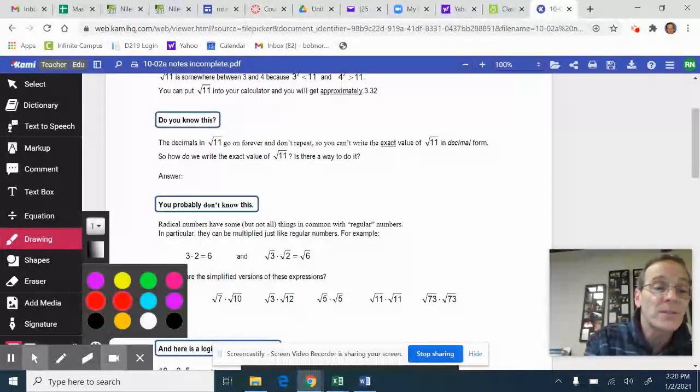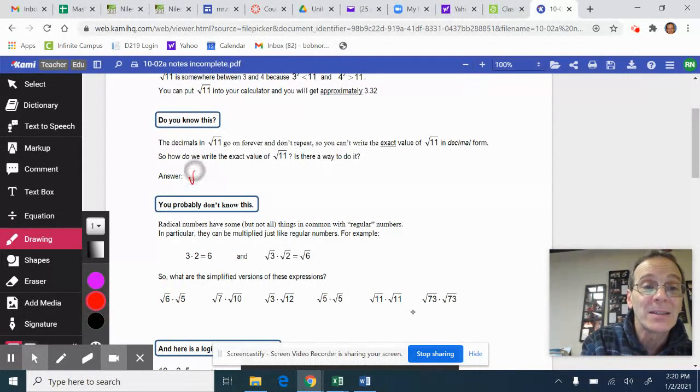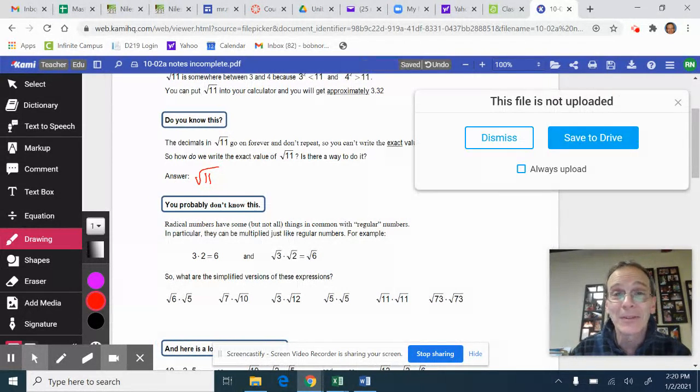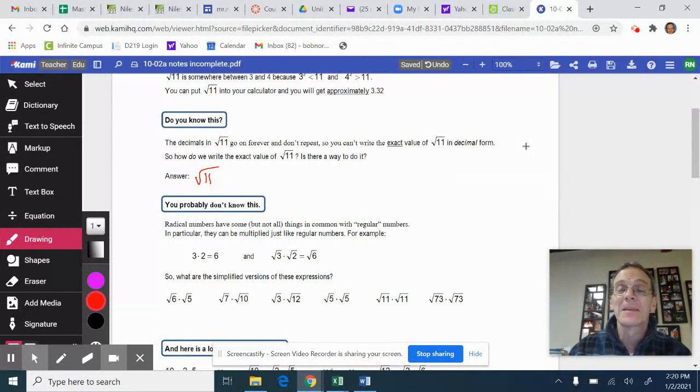And here's how you write the square root of 11 exactly. Like that, square root of 11, okay? When a mathematician wants to write the exact value of the square root of 11, that's pretty much the only option that we have. There is no simplifying that number without destroying the precision of it, the accuracy of it.